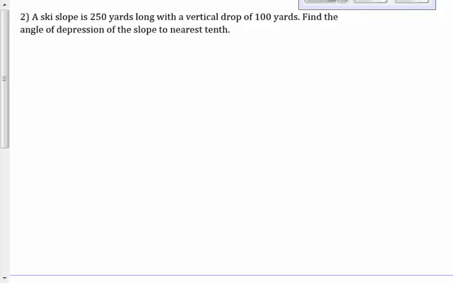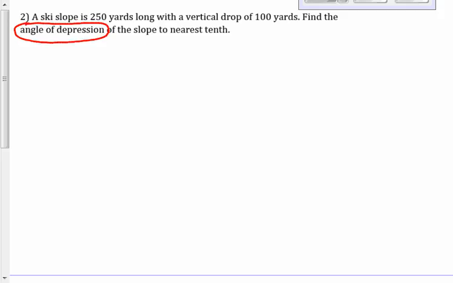Number 2, a ski slope is 250 yards long with a vertical drop of 100 yards. Find the angle of depression of the slope to the nearest tenth. So the key in this problem here is angle of depression.